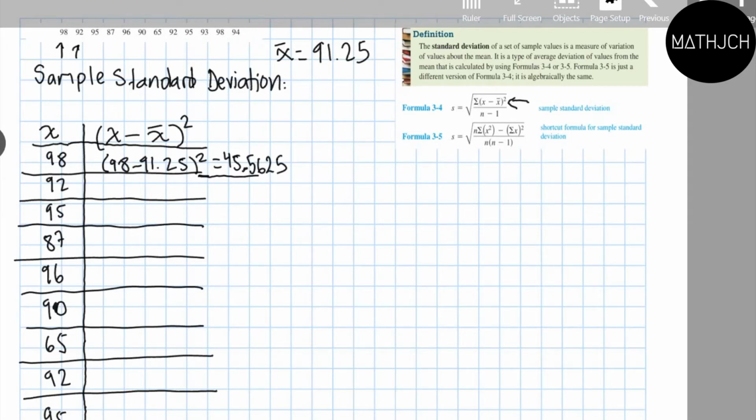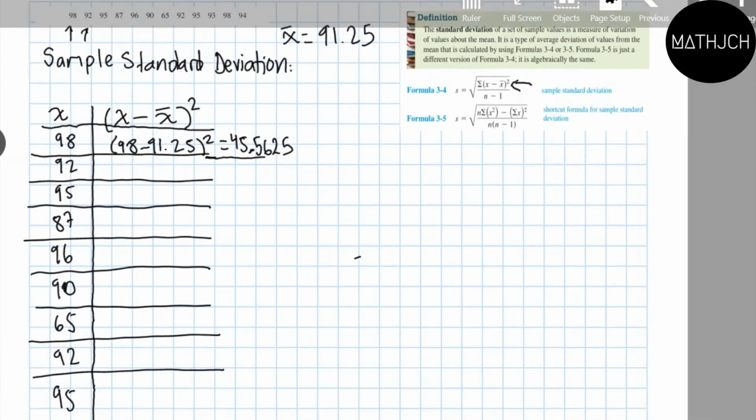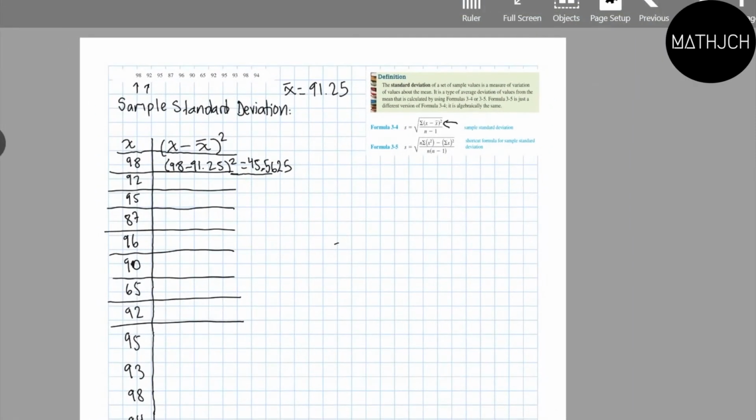I think that 4 decimals should be fine, but do not round off to the first or second. The safe spot is the third or fourth, but fourth for sure. Now I'm going to do it for the rest, and you will see the whole list of numbers.